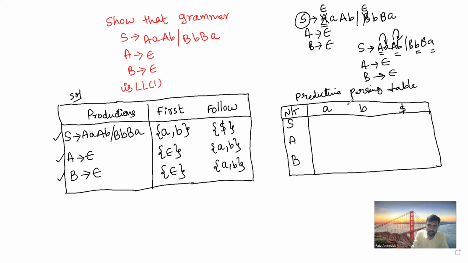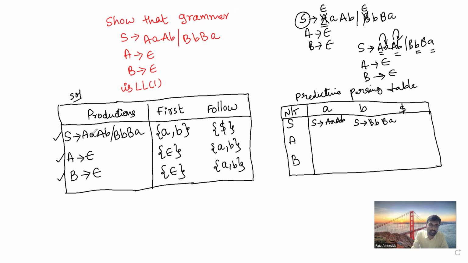In order to construct the predictive parsing table, first we need to see the first values of capital S, first values of capital A, first values of capital B. Now you see first of S is A comma B. So S goes to AB, first of S is A. S goes to BA, first of S is B. Don't get confused here.